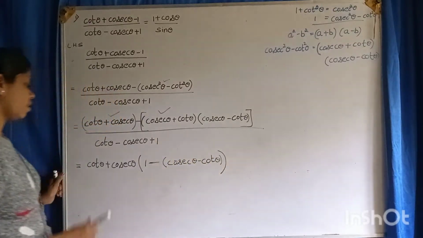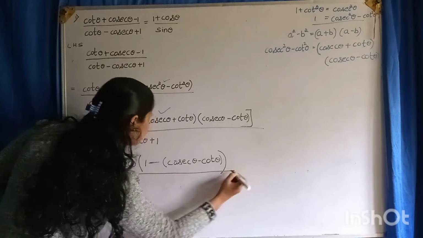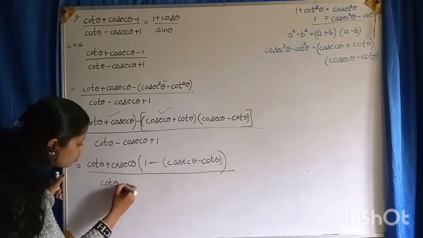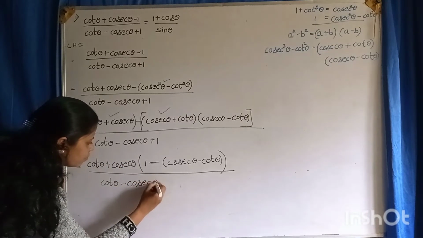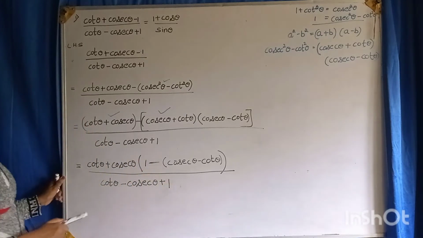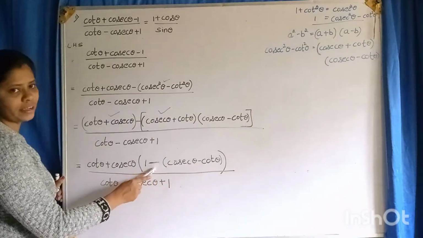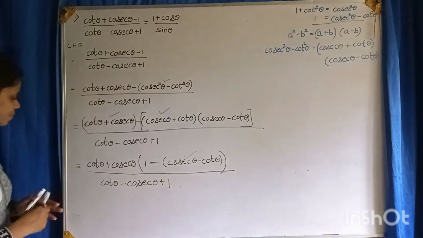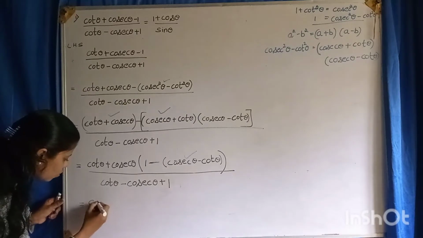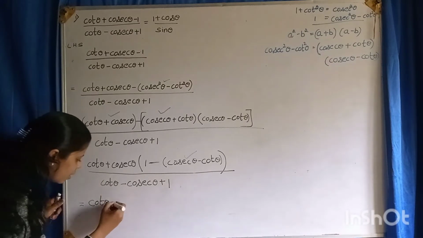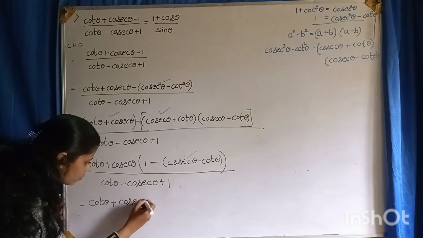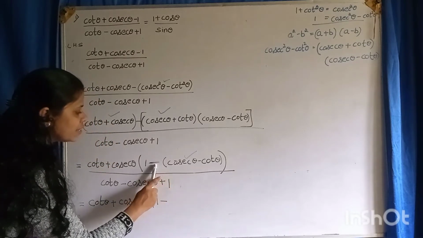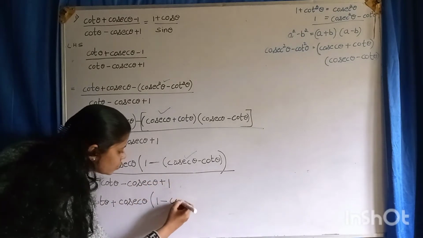Okay. Whole divided by cot theta minus cosecant theta plus 1. Now remove these terms from the bracket. That is cot theta plus cosecant theta, 1 minus, plus into minus is minus, then it will become minus cosecant theta.